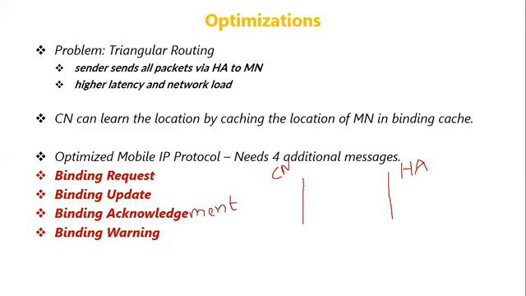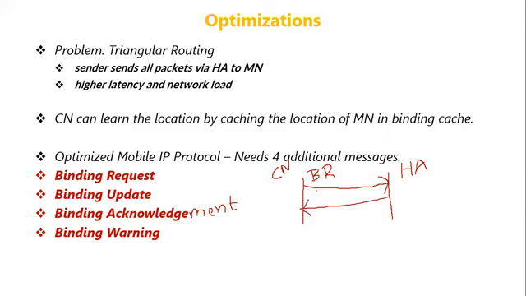So the CN will first request the HA about the mobile node's current location through what? Through binding request, let me call it BR. Through binding request, the CN will request the current location of a particular mobile node. And if the location can be revealed, then the HA will respond with a binding update.